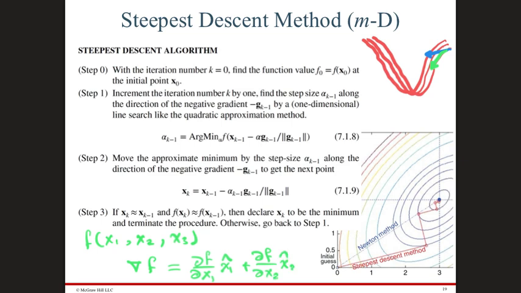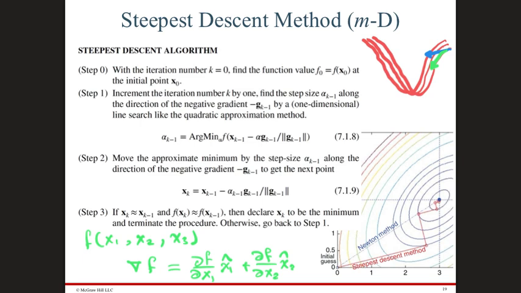So if this is axis x1, this is axis x2, and this is axis x3, you take the derivative with respect to x1 multiplied by a unit vector in the direction of x1, then the derivative with respect to x2 multiplied by a unit vector in the direction of x2, and then the derivative with respect to x3 multiplied by a unit vector in the direction of x3. The vector sum of those three gives you what we call the gradient. The magnitude is the magnitude of the gradient, and the direction is the direction of steepest descent.